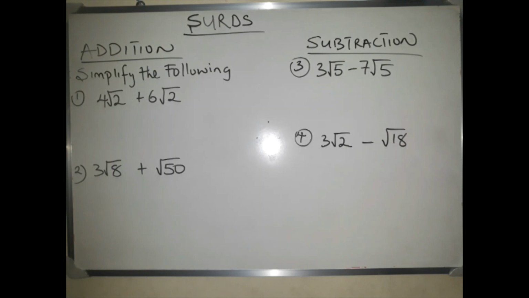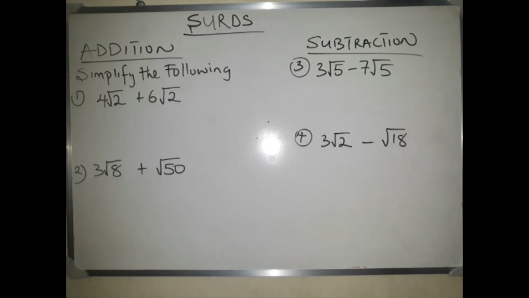But we can also see that we cannot simplify each of these surds. So in this case, what do you do? Since you have identified that they cannot be simplified and that they have the same numbers within the square root, they are like surds.